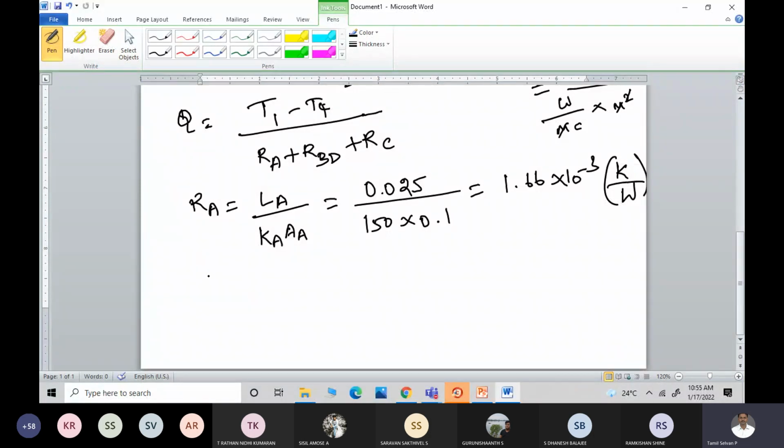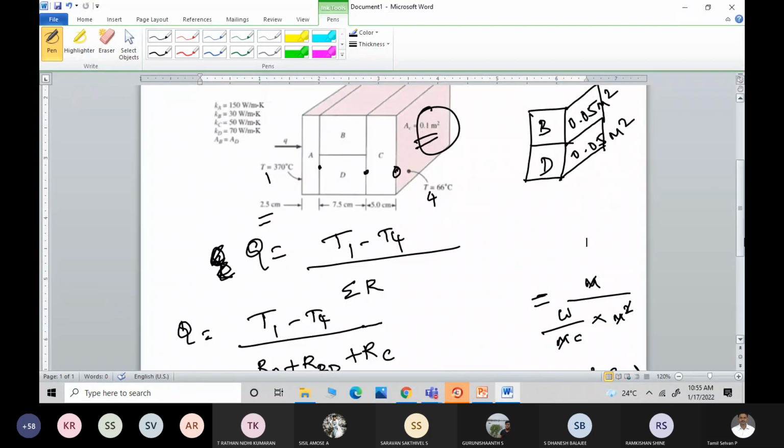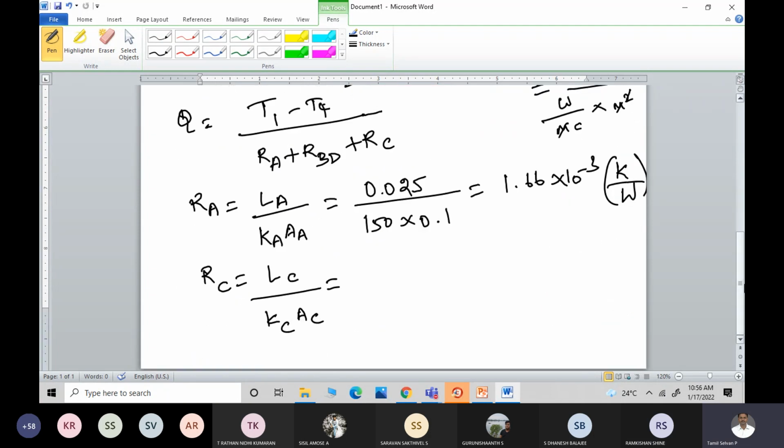So R suffix C is L suffix C divided by K suffix C into A suffix C. Again, what is the thickness here? The thickness is 5 centimeter, so substituting it in meters. Students usually make a mistake here. For 5 centimeter, immediately write 5 into 10 power minus 2; the calculator will take care of it.